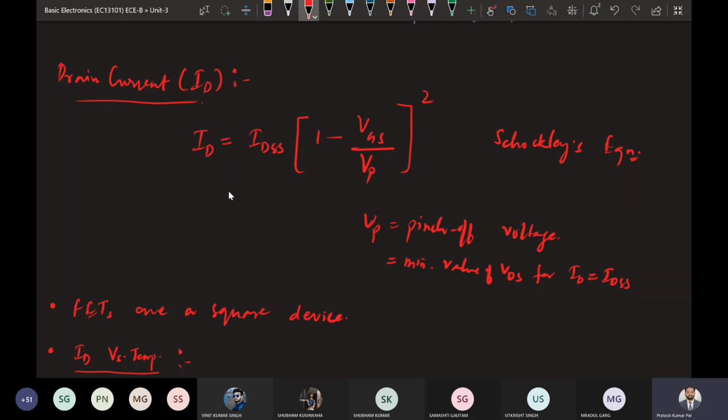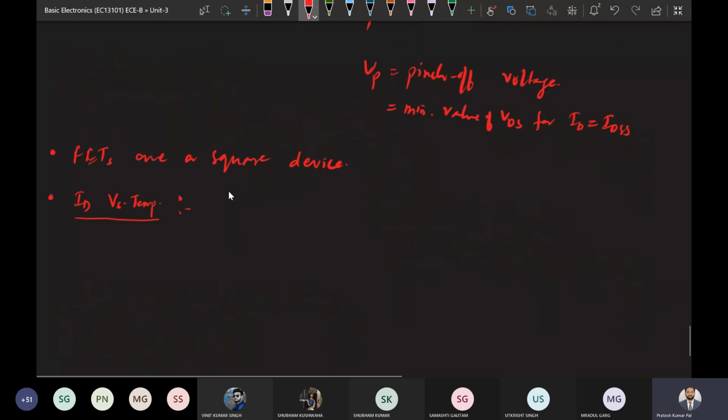But in case of FETs, there is no minority carrier. So one thing we can note: the majority carrier is constant when we increase the temperature, and the minority carrier is not available, so we will not be talking about minority carriers.